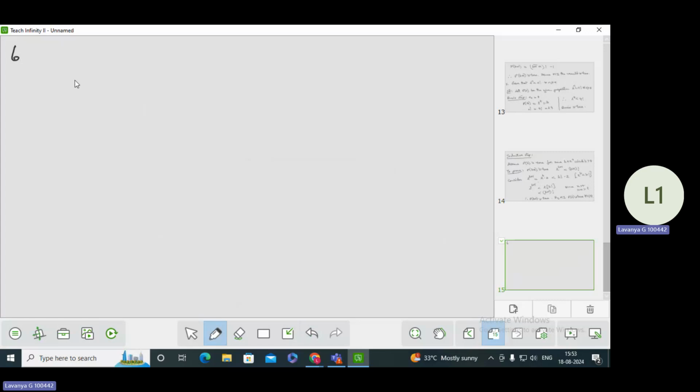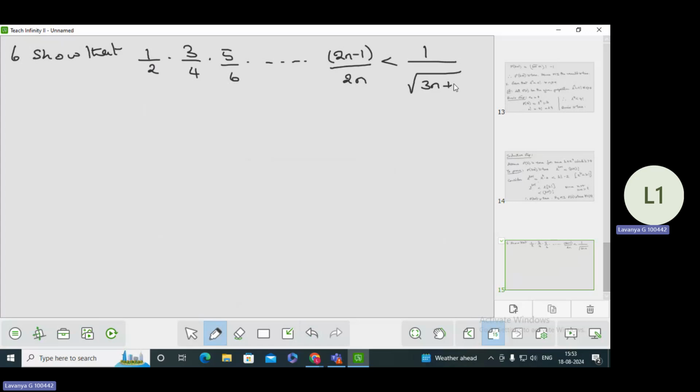The sixth example is given by, show that 1 divided by 2 into 3 divided by 4 into 5 divided by 6 into etc. 2n minus 1 divided by 2n is strictly less than 1 divided by square root of 3n plus 1 for n greater than 1 by mathematical induction.